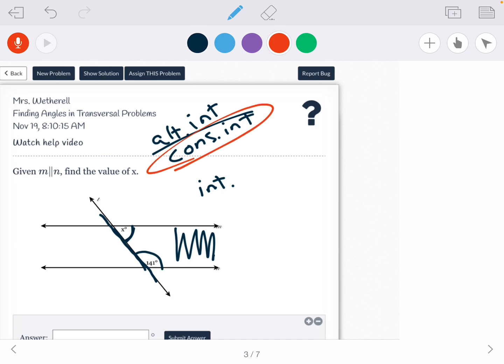If they're consecutive interior, you add these 2 together to equal 180. As you're seeing a pattern here, it's going to either be equal to each other or equal to 180. Solving that, if we subtract 141 from each side, we get X as 39.